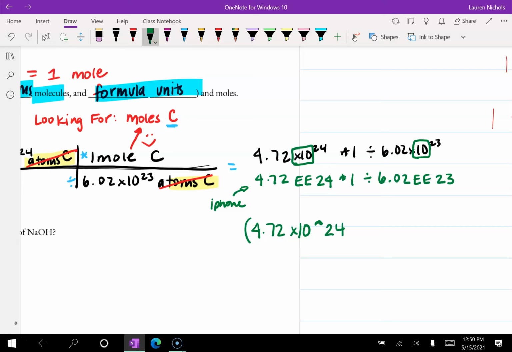And then you can do 24 and then close your parentheses. If you don't put parentheses around a number in scientific notation when you use that times 10 with the caret, it'll mess up your order of operations completely. So times 1 and then divided by parenthesis again, 6.02 times 10 to the little caret, 23. So make sure that you try that out in your calculator.